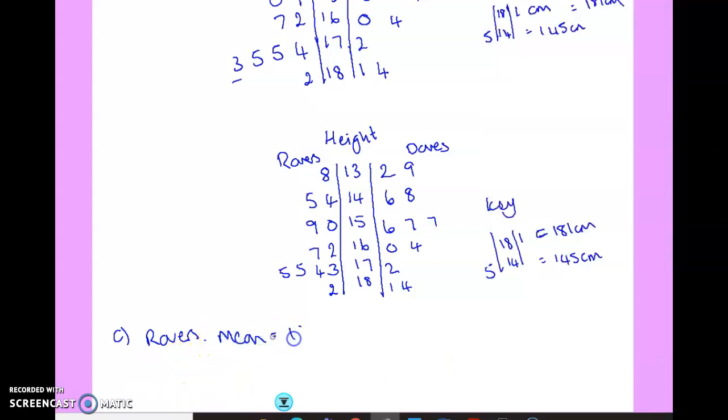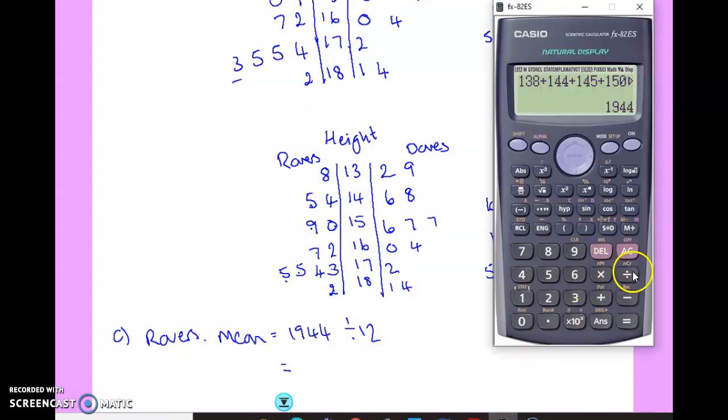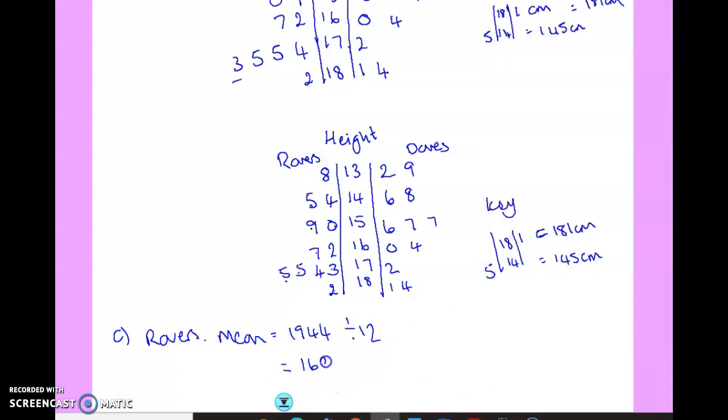So my mean is 1944 divided by 1, 2, 3, 4, 5, 6, 7, 8, 9, 10, 11, 12, which is 162 centimetres.